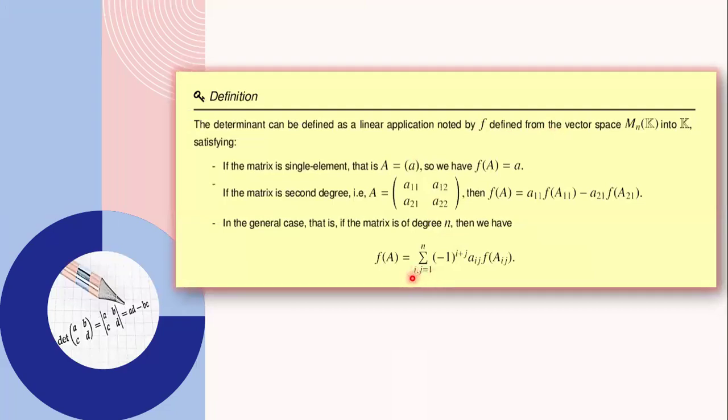If we fix i, so i equals a number from 1 to n, and j goes from 1 to n. If we change and we fix j, that does not change the result, and the choice is arbitrary.